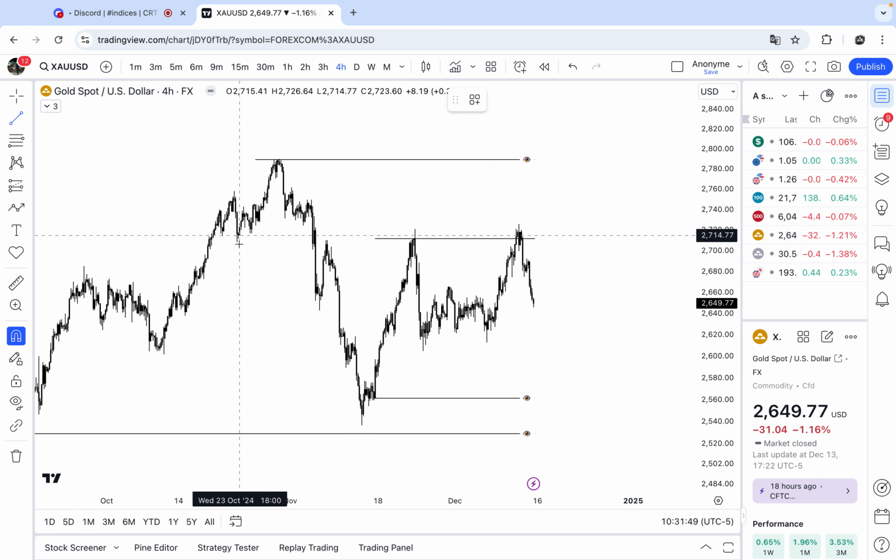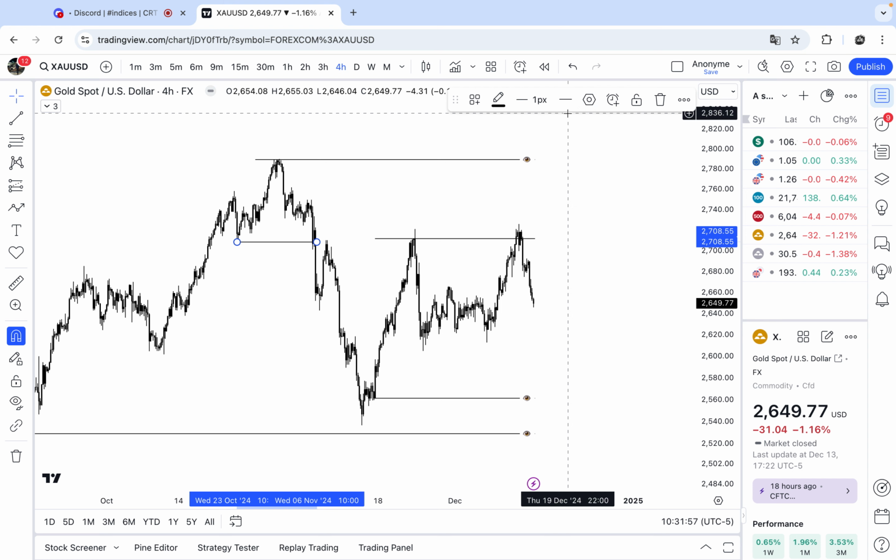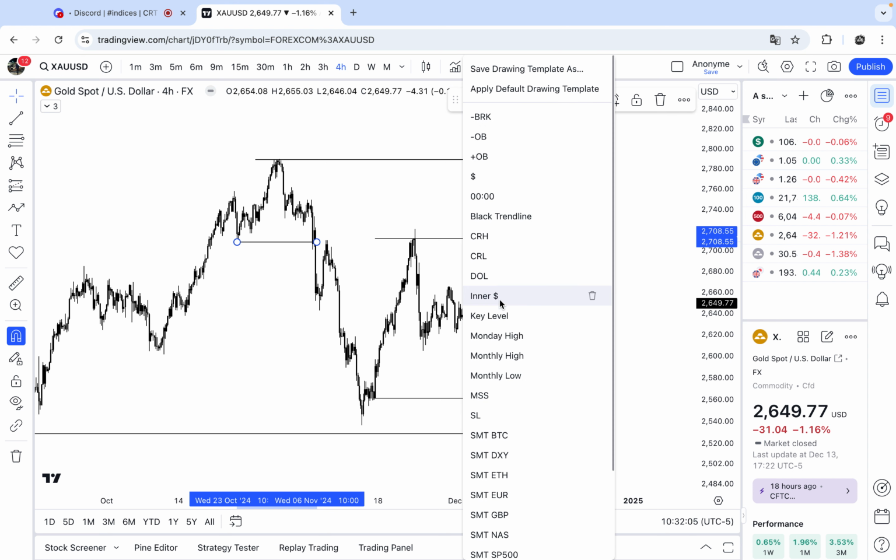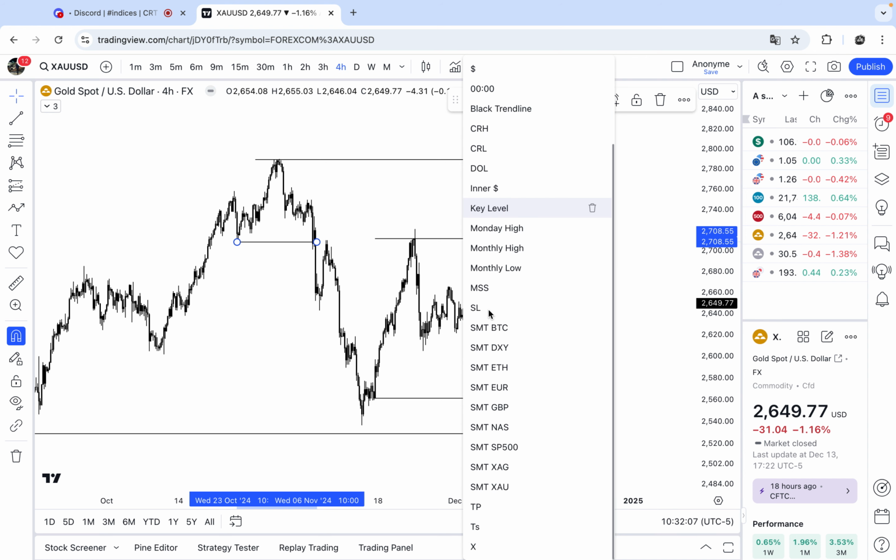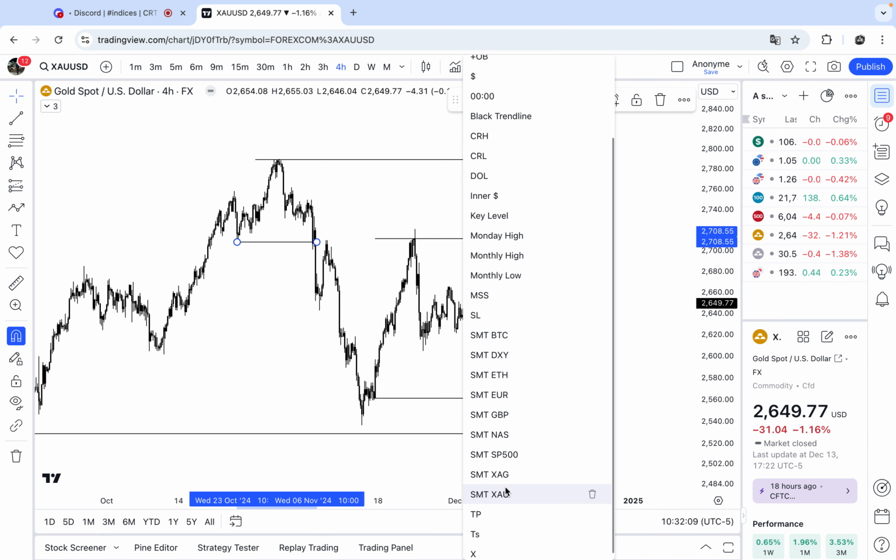Okay, so market structure shift right here. And there's a difference between a true market structure shift and a fake one. A lot of people get trapped with market structure shift.